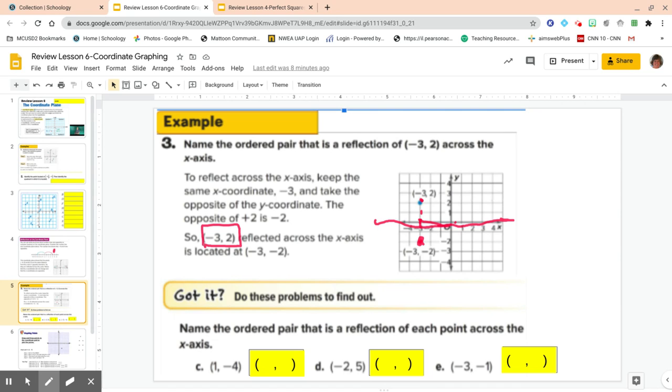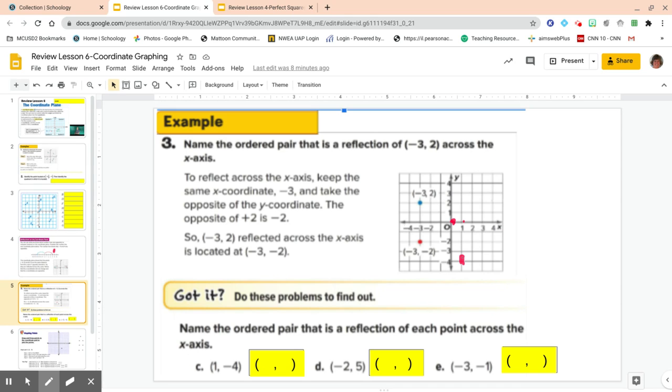All right, so let's look at C, because you will do the boxes that are in yellow. And C has 1, -4. So let's erase our prior work, and we're going to look at 1, -4. I start at the origin, and I go over 1 and down 4.